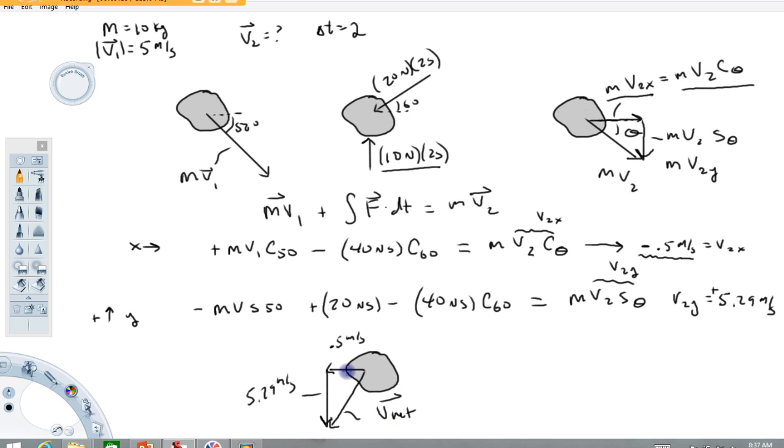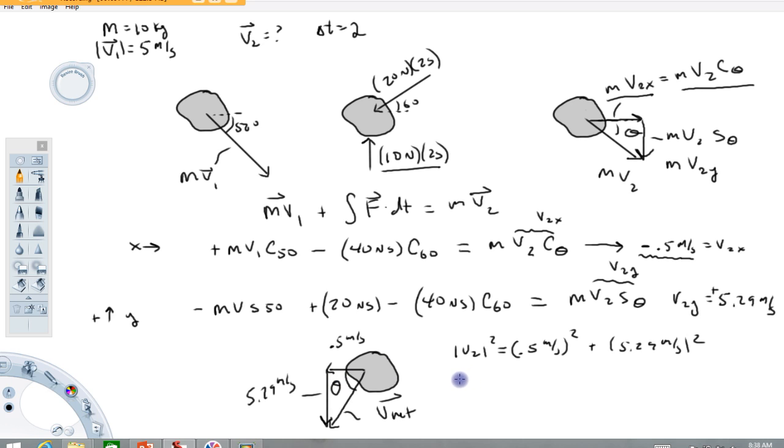Now, this is meant to be a beginning video, so I don't think the details are super important. I'll let whoever's watching the video do the rest, but you can get the magnitude of the net velocity by the Pythagorean theorem. The magnitude of v2 squared is going to equal 0.5 meter per second squared plus 5.29 meter per second squared.